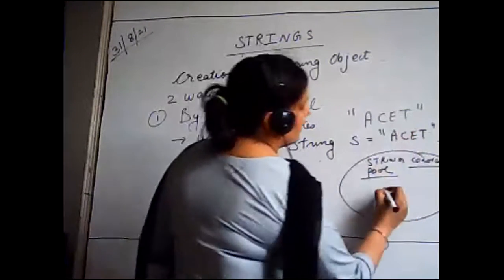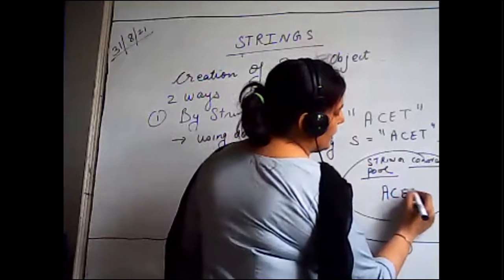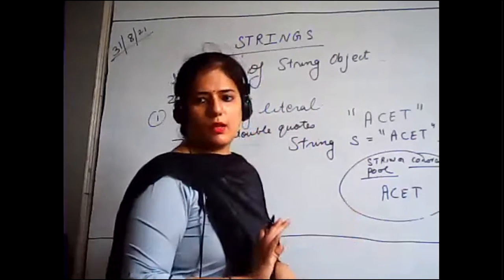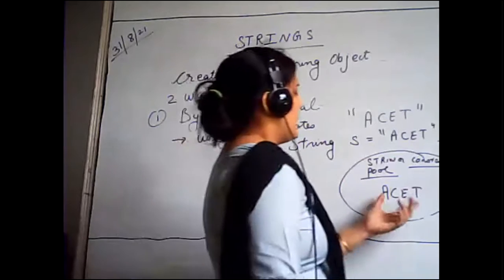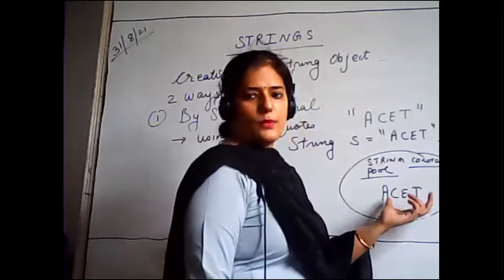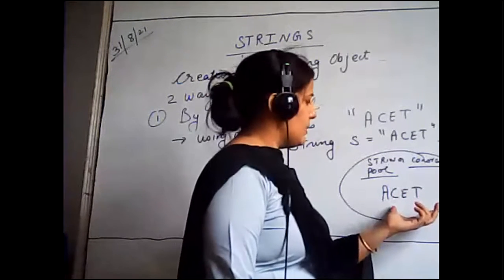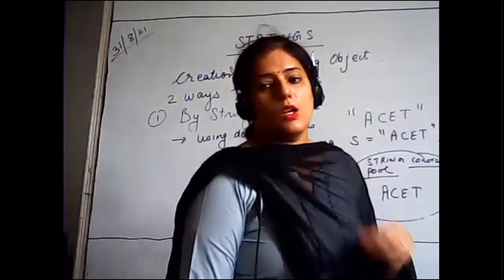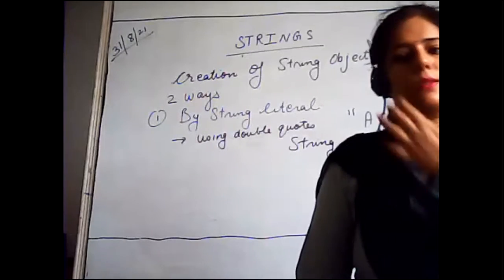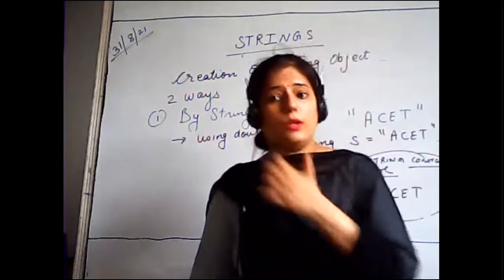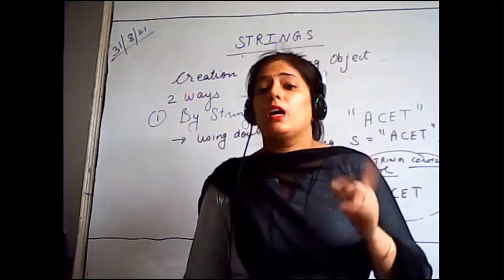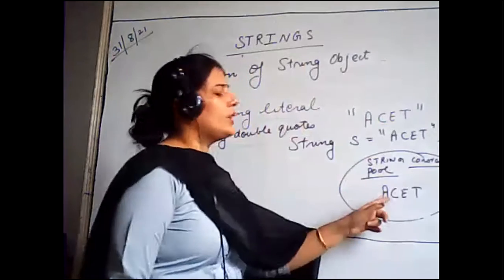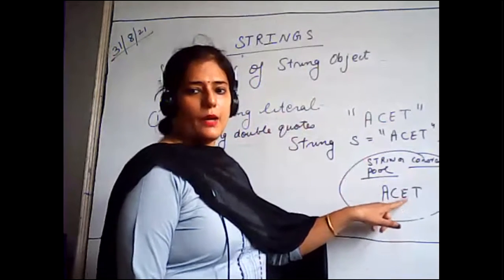Now here we have created ACT. ACT was not present earlier in this pool, so it will create the object of that string and give a reference to it. Why are we using this term reference? Because in future, if we use this ACT again, a new string object will not be created, but it will just refer to the already available string.